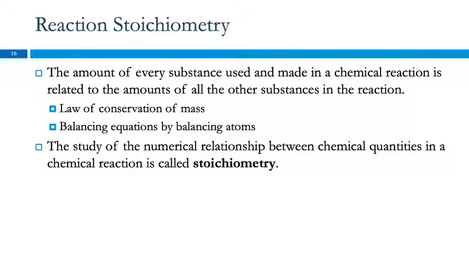So the amount of every substance that's used and every substance that's made are related to the amounts of the other substances. So we see the law of conservation of mass is observed here. We balance the equation by balancing the atoms. And then when we're studying the numerical relationship of chemical quantities, this is called stoichiometry. So that's a big word, stoichiometry.